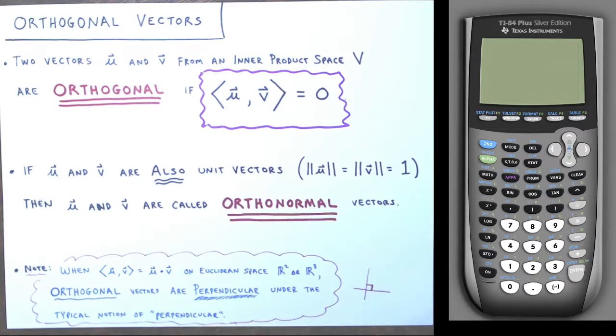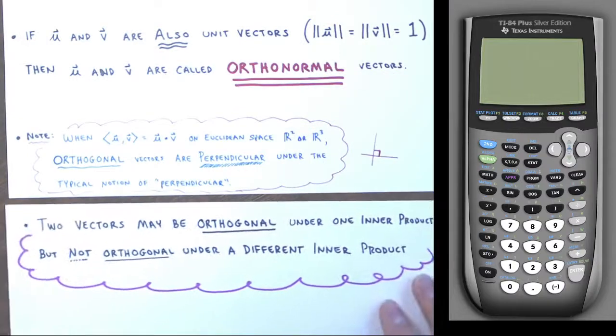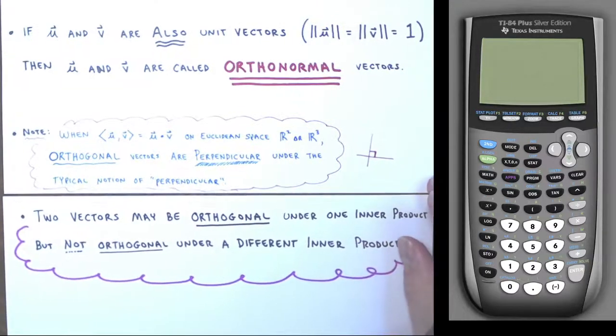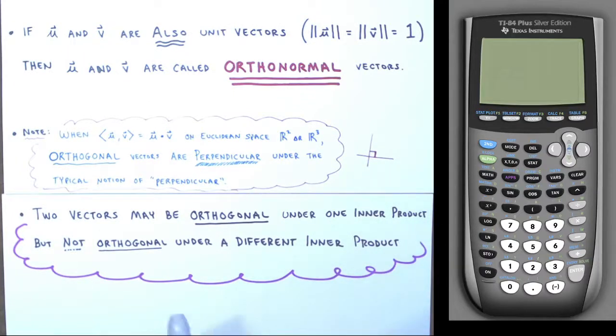As I just mentioned, we've seen before that the dot product isn't the only inner product on Euclidean space. So two vectors may be orthogonal under one inner product, say the dot product, but not orthogonal under a different inner product.